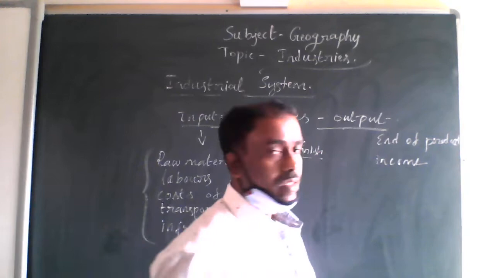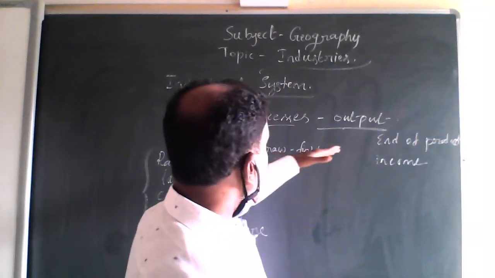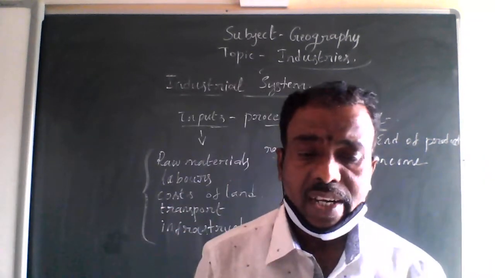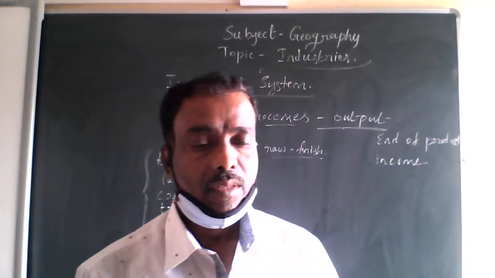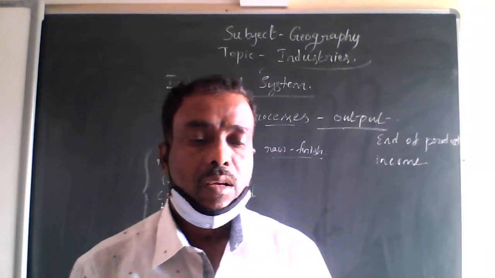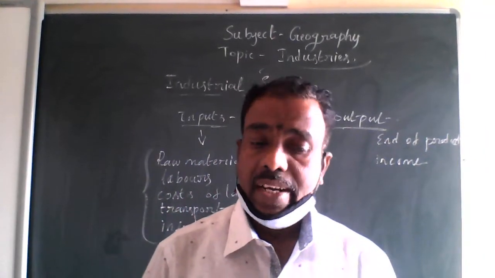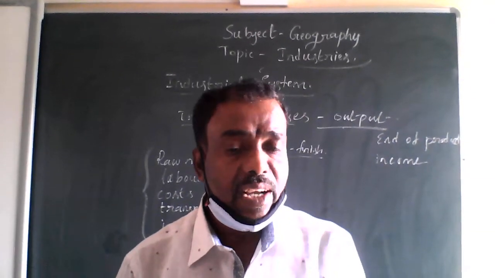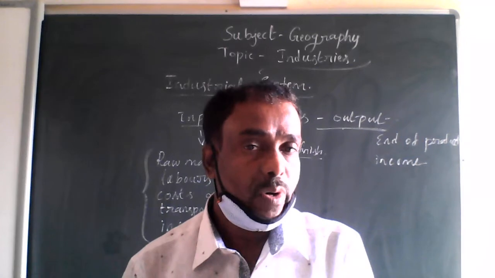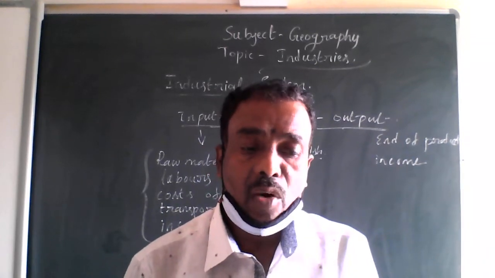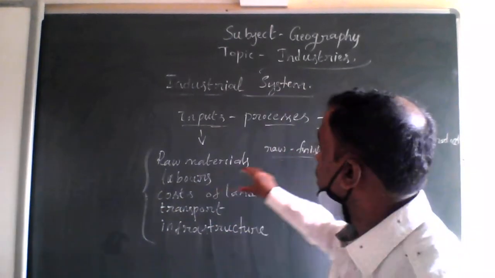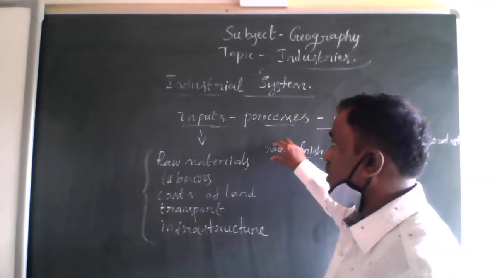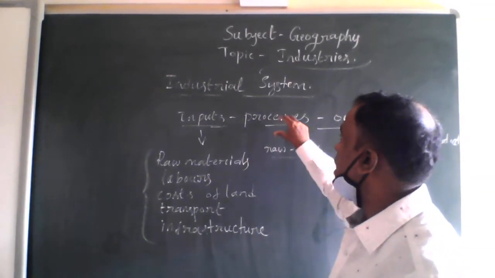Understood? So these are outputs: the end product and the income earned from that product. That is actually the output.